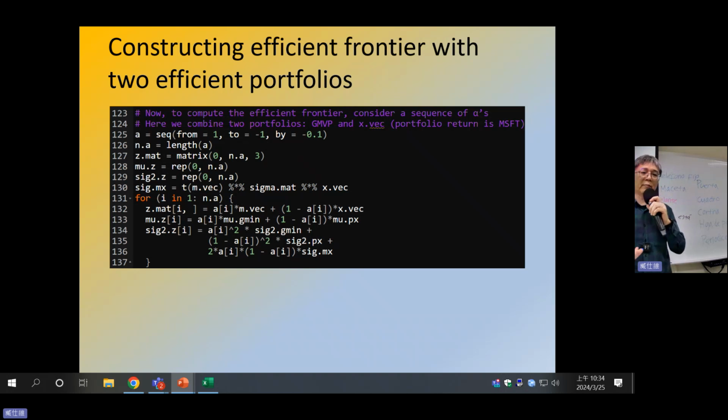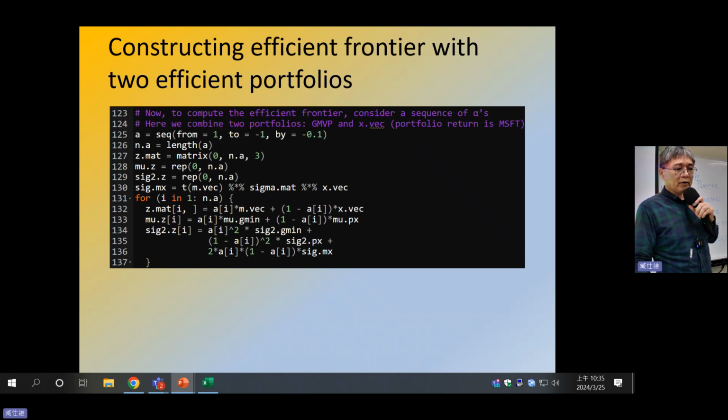So we can generate many points. And then we can define the number of points, using the length of A, and we can also generate the Z matrix.